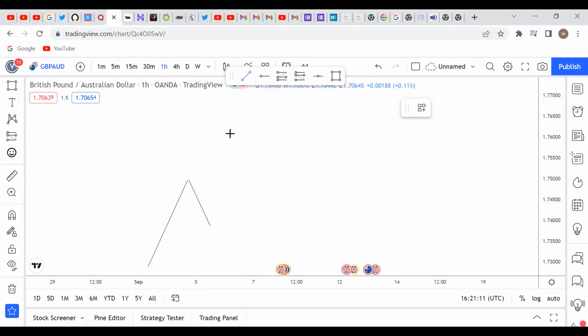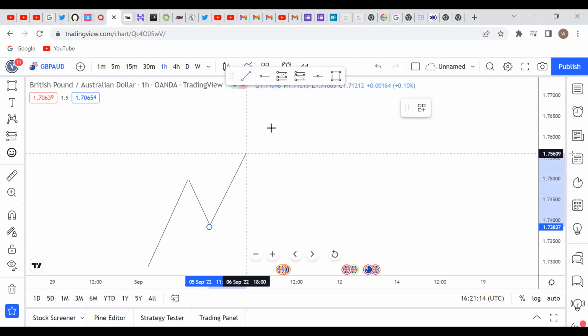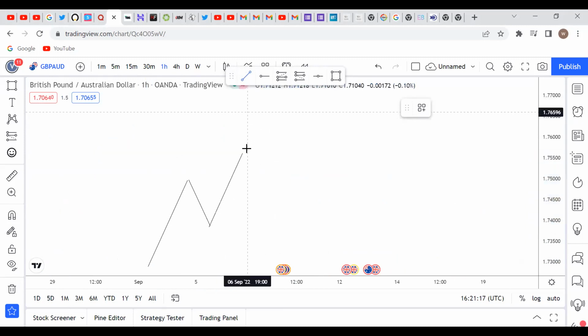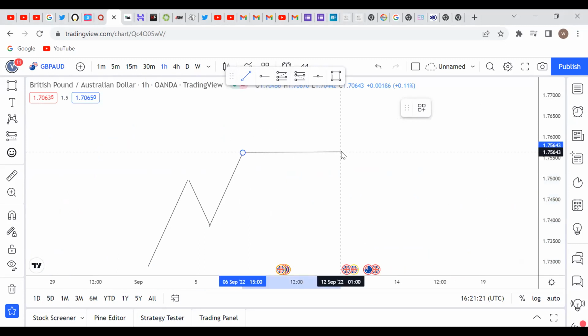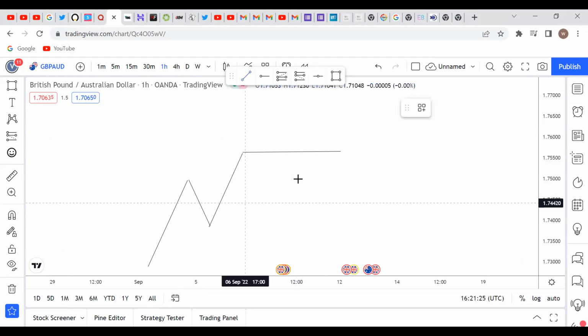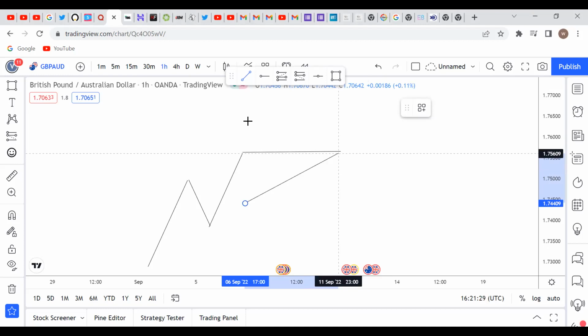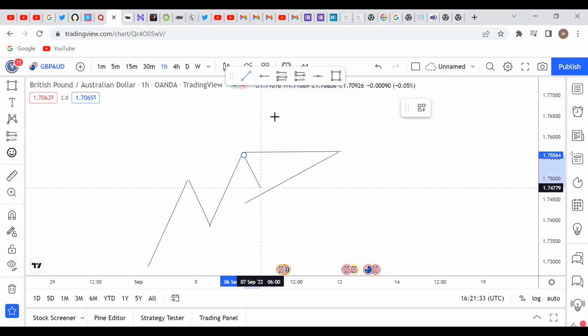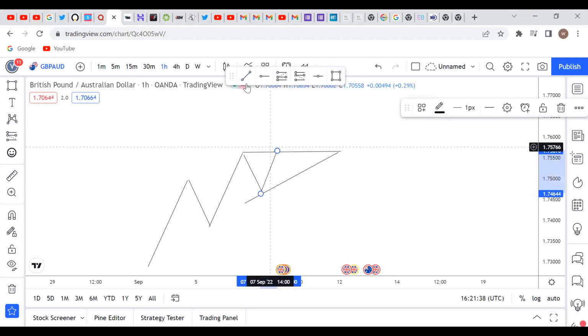The market will give you an ascending triangle, which has a price action like this: a flat top and a slanting price action like that. Price will come and play in this area. You have to practice a lot.